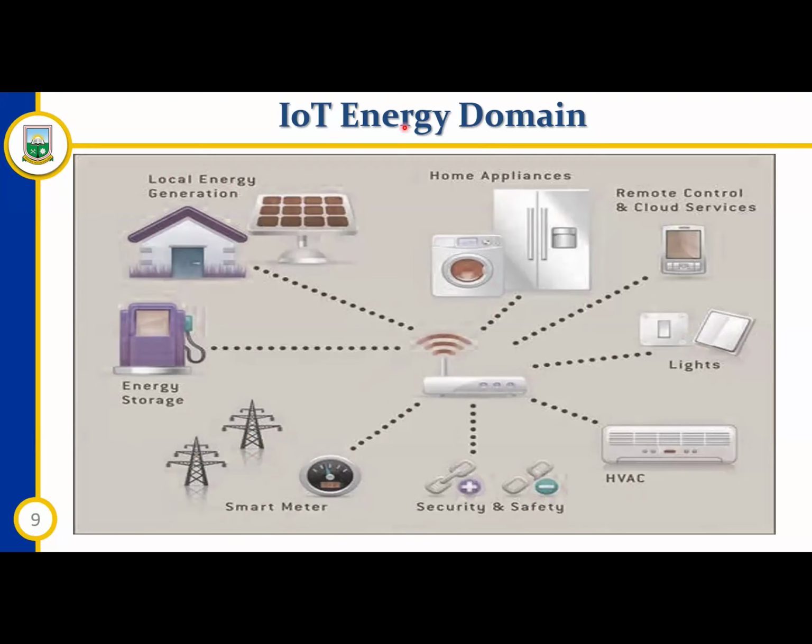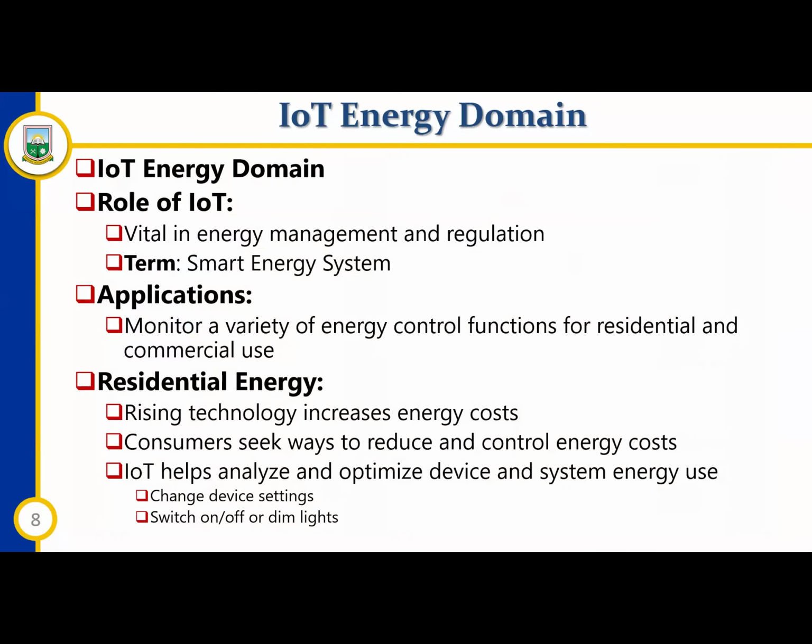All these are IoT devices connected to this particular wireless network, and they all have some sort of sensors and actuators to perform certain tasks at any point in time. So this is the use of IoT in the homes. And I said, we term this the smart energy system.